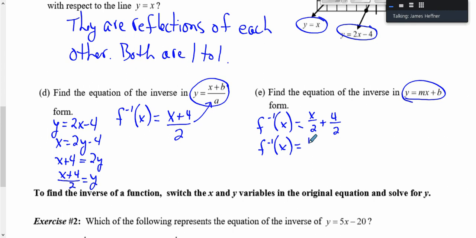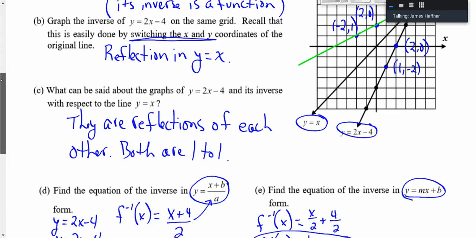So wouldn't this be 1/2 x plus what? 1/2 x plus 2. And now we are in mx plus b form. What's the y-intercept of this equation? As next to 1x, the y-intercept is 2, right? And the slope is 1/2.